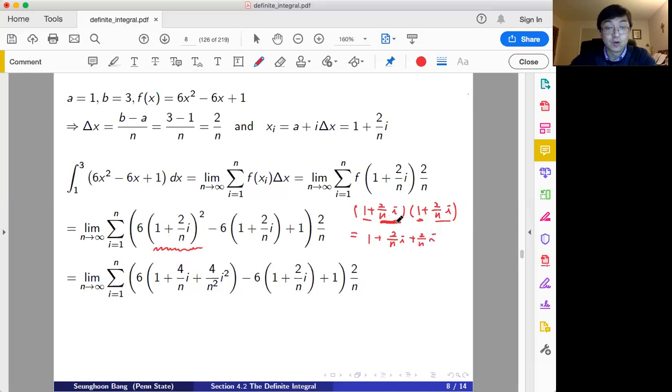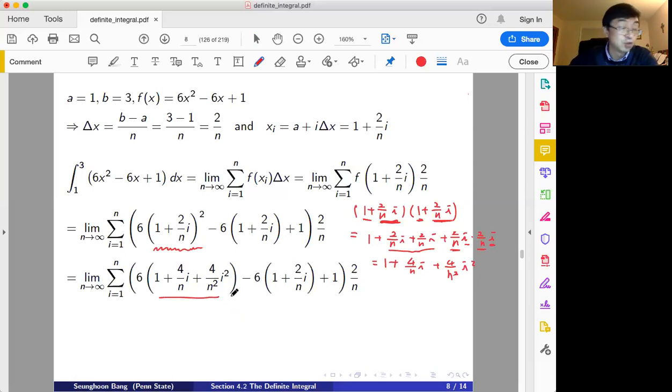Last one, 2 over n i times 2 over n i. You simplify: 1 plus 2 over n i plus 2 over n i is 4 over n i. Here, 2 over n times 2 over n is plus 4 over n squared, and i times i is i squared. Like this, right?